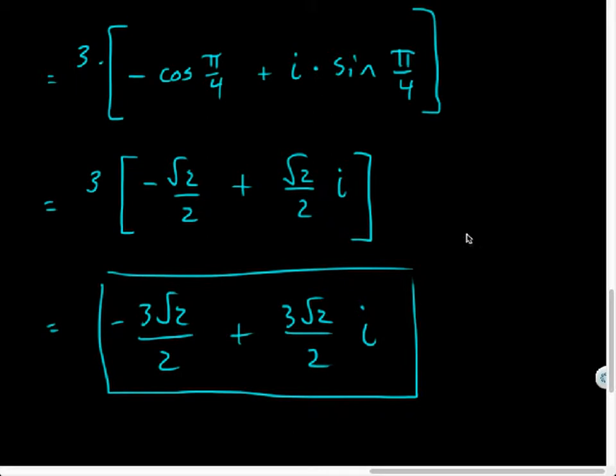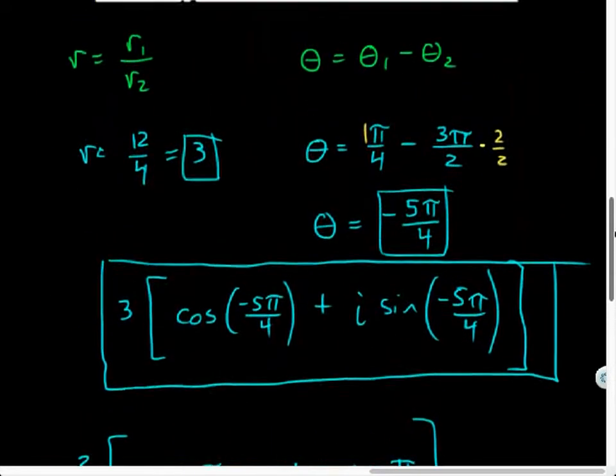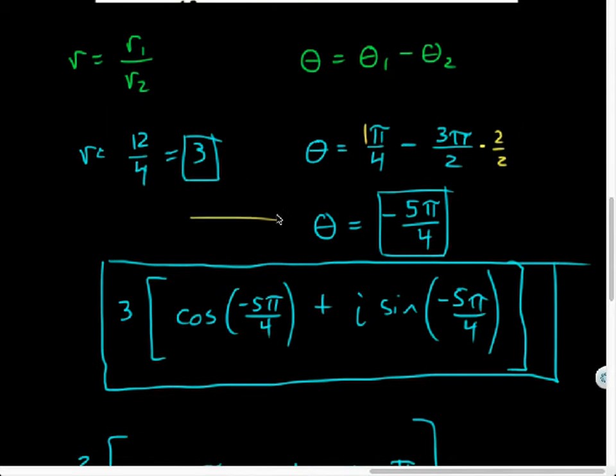If I wanted to graph this on the polar coordinate system, or the complex plane more specifically, my apologies, we would go left this value and up 3 roots of 2 over 2, which is the same as graphing right, negative 5 pi over 4 and out 3 is going to give us the same point in the complex plane.